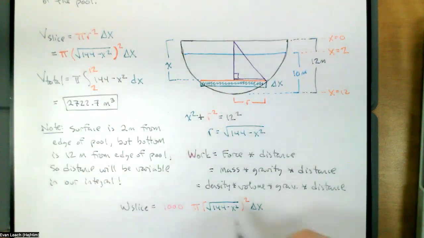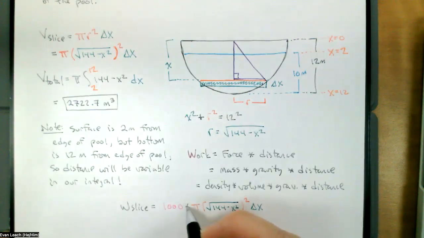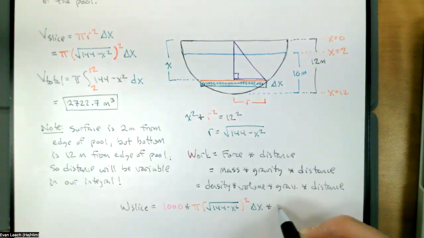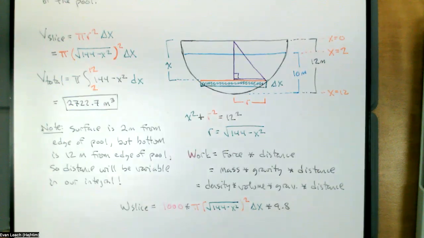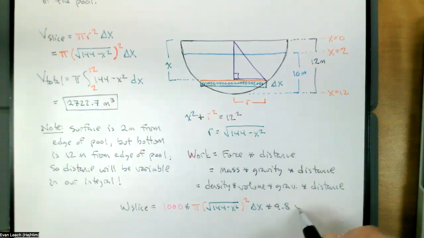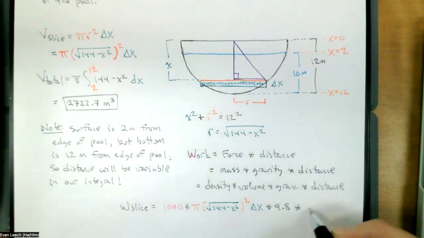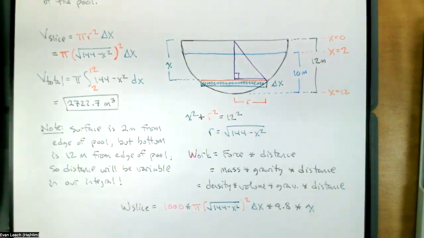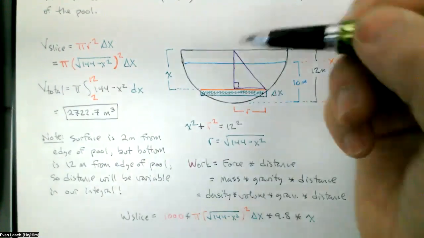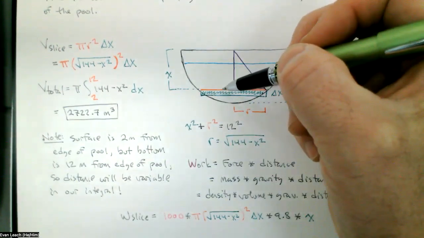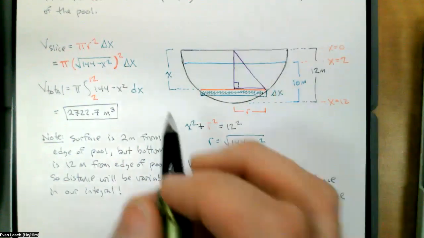Gravity is a constant 9.8 meters per second squared, and distance we can write as x, since the distance from the slice to the edge of the pool is x.